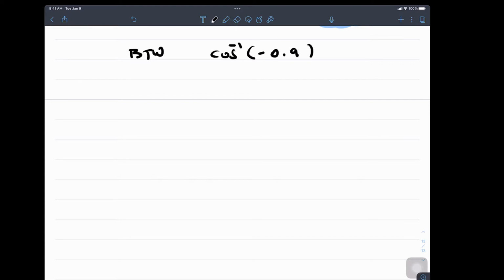Do you guys know? What do you think? We have to evaluate that? The answer is yes. So you're going to let theta be inverse cosine of -0.9. Is that true? And then that means that cosine theta equals -0.9.